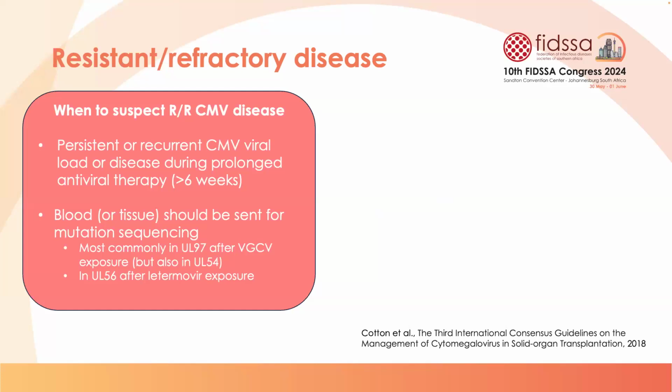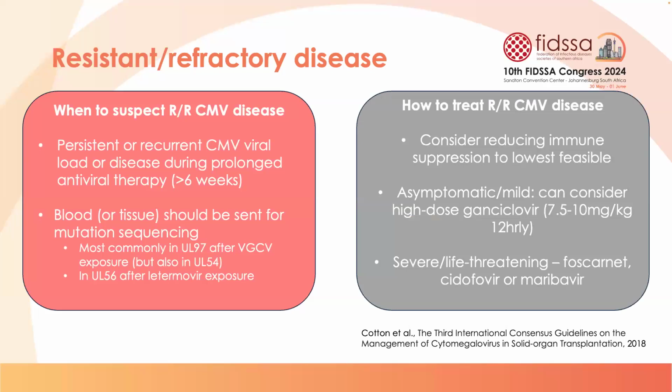If you do suspect it, you should try to send blood or tissue, less successful with tissue, but blood for mutation sequencing. But this is really not done commercially here. Some research labs can do it with specific requests. So it is something that would really need to be discussed with the lab and with particular experts in South Africa.